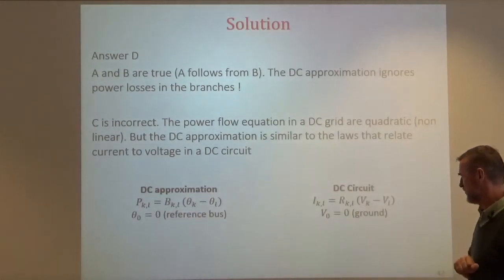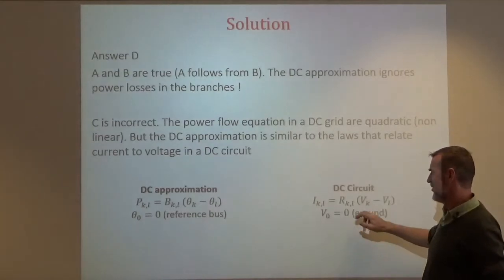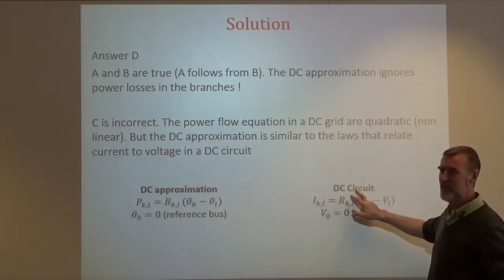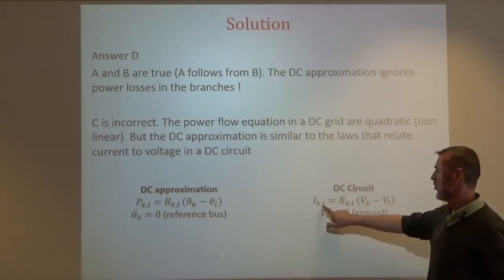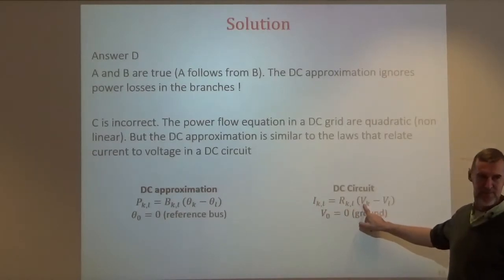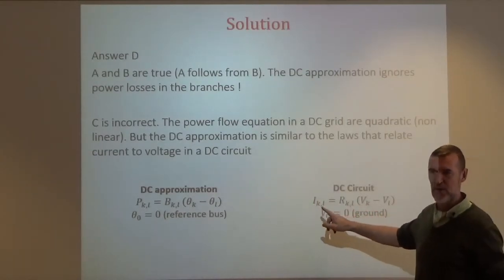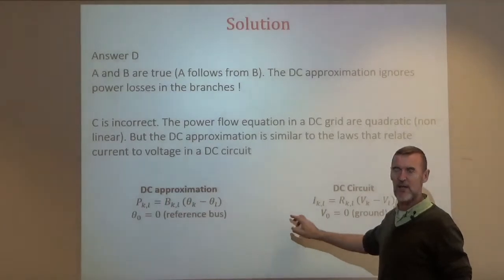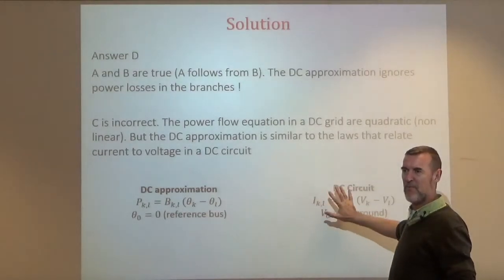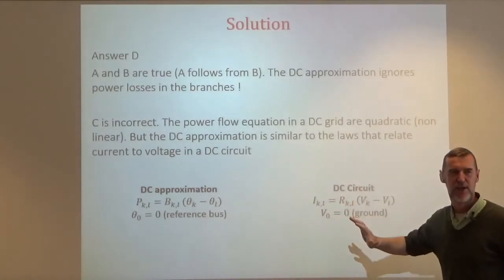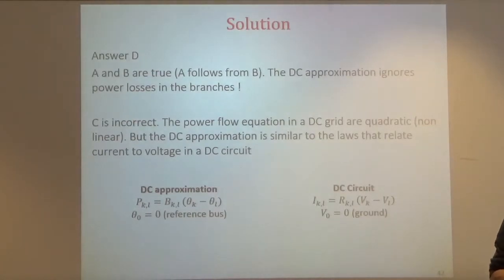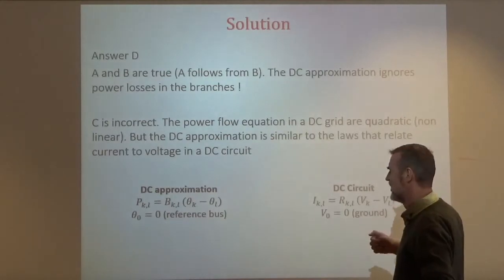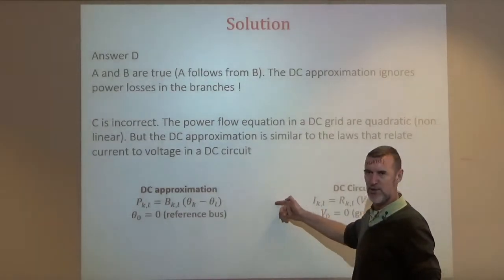Now, it's the same as the DC circuit equations for current versus voltage. So if we're interested in the currents, not the power flows, then we have exactly the same maths, the same problem formulation as the DC approximation of AC grids. But if we look at the power in an AC grid, it will still be quadratic somewhere.